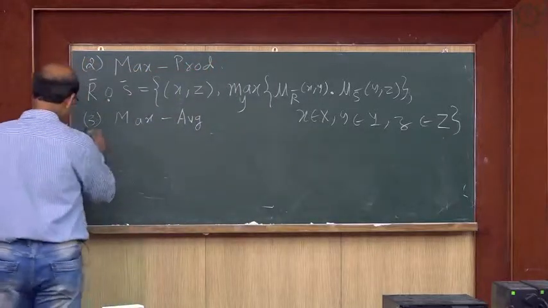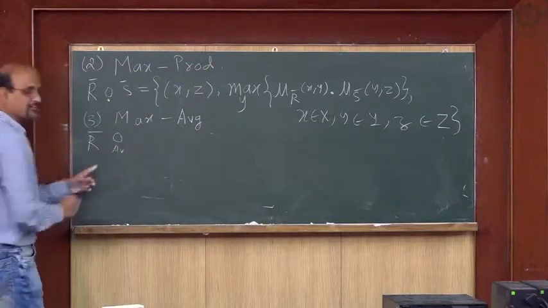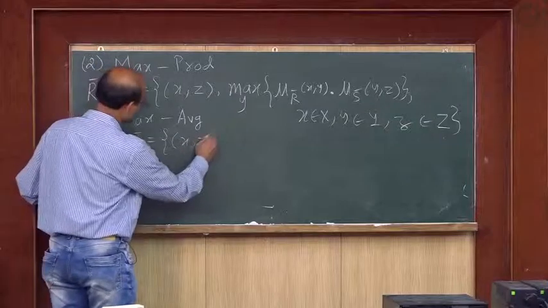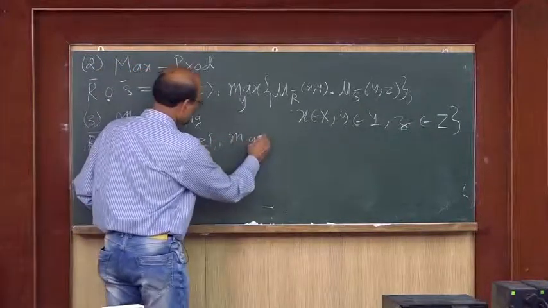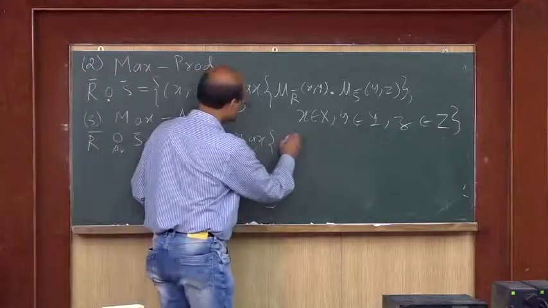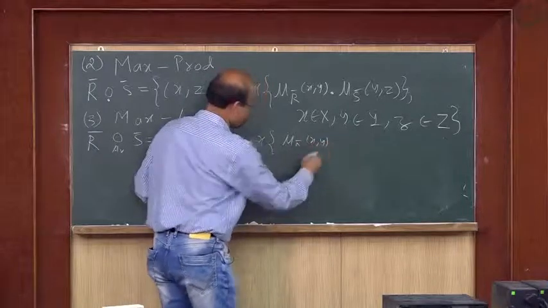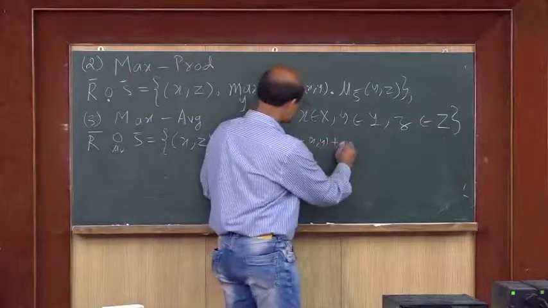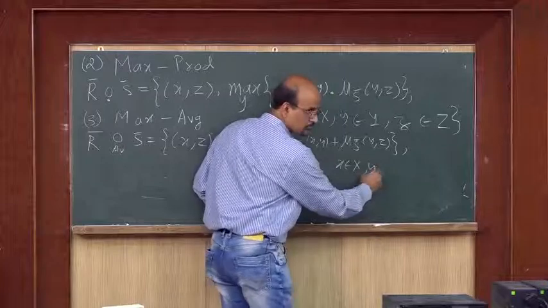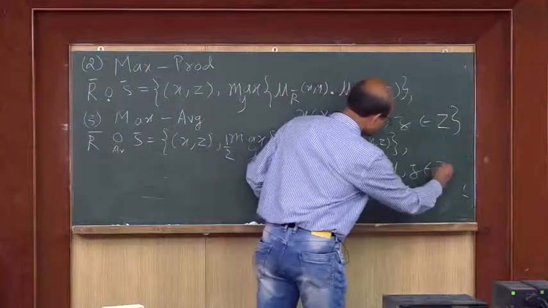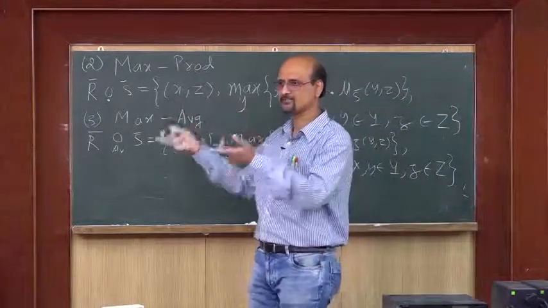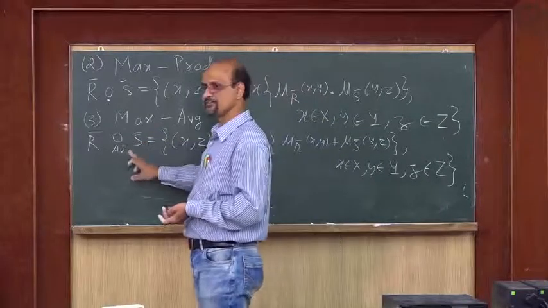So, that means you have R, here I will write AV for average, is equal to xz, and we will have max over y, and I will write half average, mu R bar(x,y), or you can take it inside also, no problem, plus mu S bar(y,z), and x belongs to X, y belongs to Y, z belongs to Z. So, here what you will do, you will add and take, then divide by 2 for R and S and form the R average S bar.